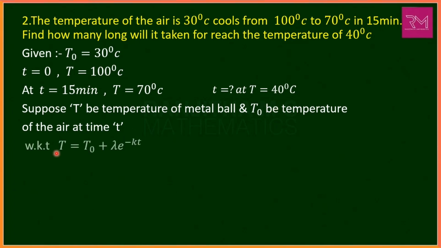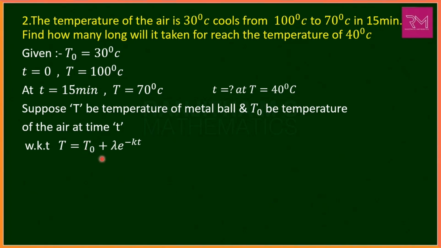According to Newton's law of cooling, we get the formula T is equal to T0 plus lambda into exponential power minus kt. To solve this problem, first we have to find the lambda value. Once we obtain the lambda value, substituting the given data, we get a value of k. After finding lambda and k value, finally we use Newton's law of cooling.